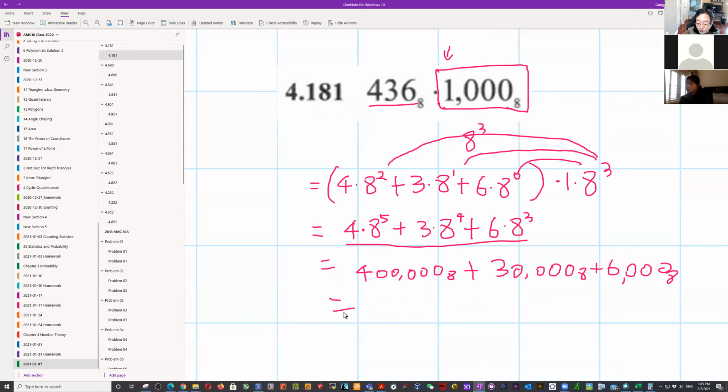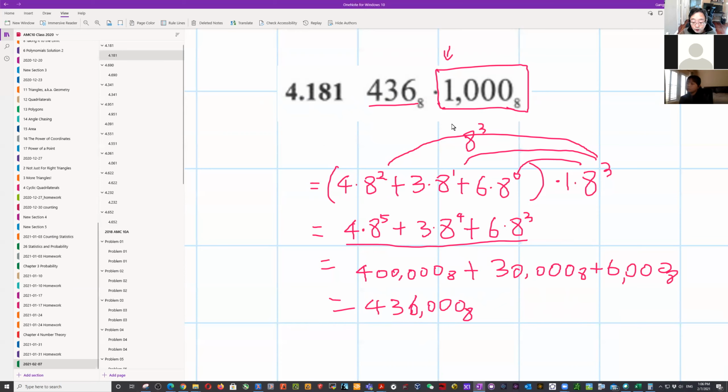Then you can combine back into 4, 3, 6, 0, 0, 0, base 8. So you can prove this in any number base. It's just a matter of appending 0s if you're dealing with a different number base system.